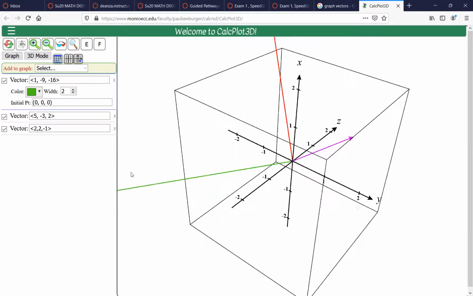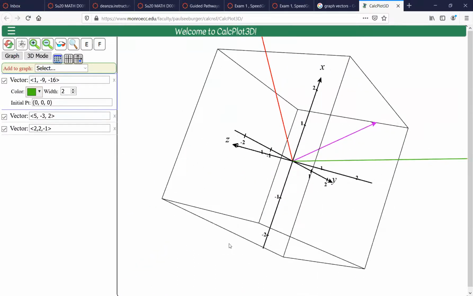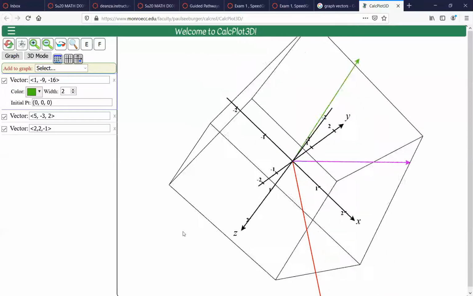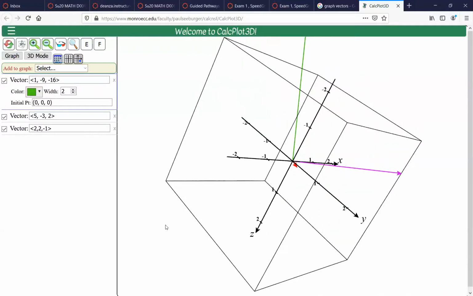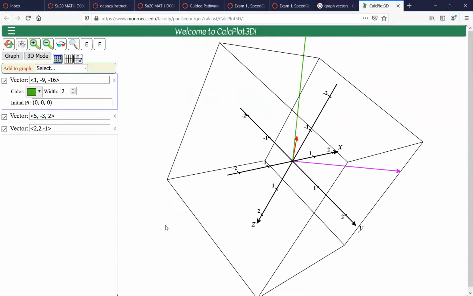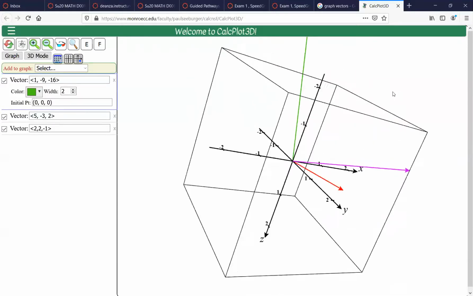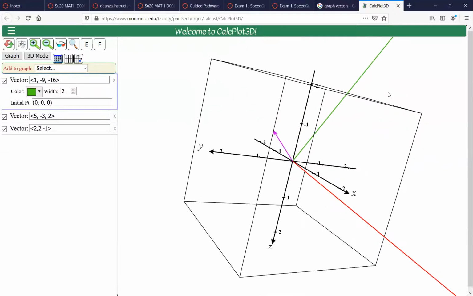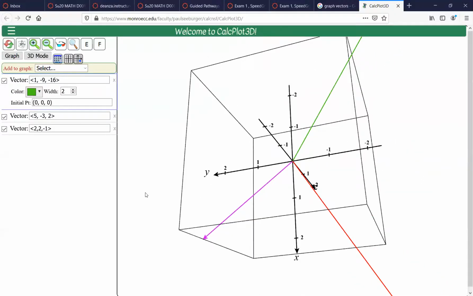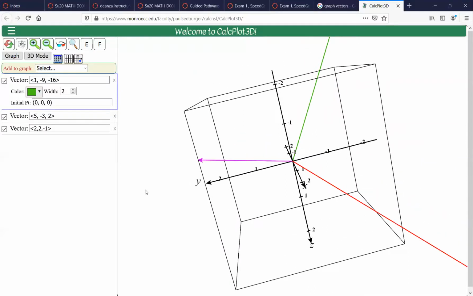Let me just rotate this a little bit for you. Stop here. So if you consider the plane including the red and purple vectors, the green vector, which is the cross product, is orthogonal or perpendicular to this plane.